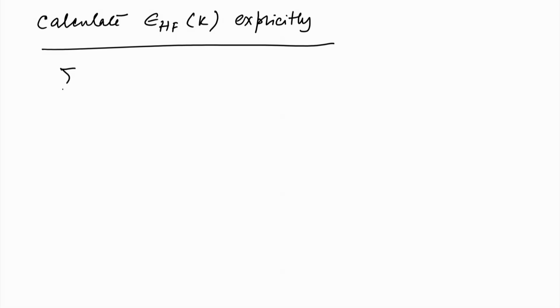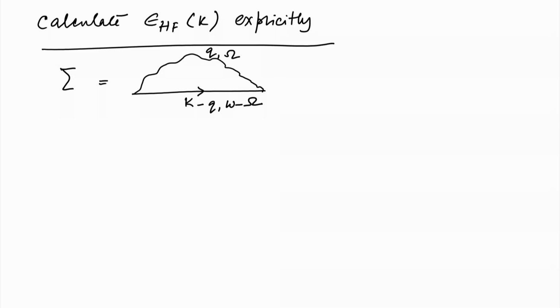So, sigma is written as, taking into account that same Fock term, a function of k minus q and omega minus omega, and this is q omega.